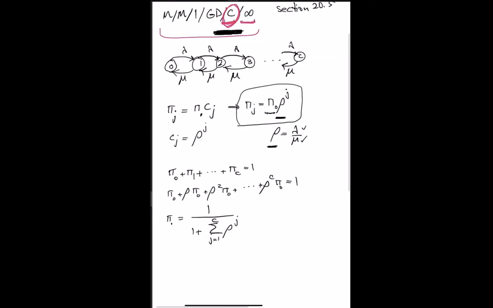And if we do the calculation, given the fact that rho is between 0 and 1, we can show, similar to what we did in the previous session when I calculated the infinite sum for you, that pi 0 equals 1 minus rho divided by 1 minus rho to the power c plus 1.